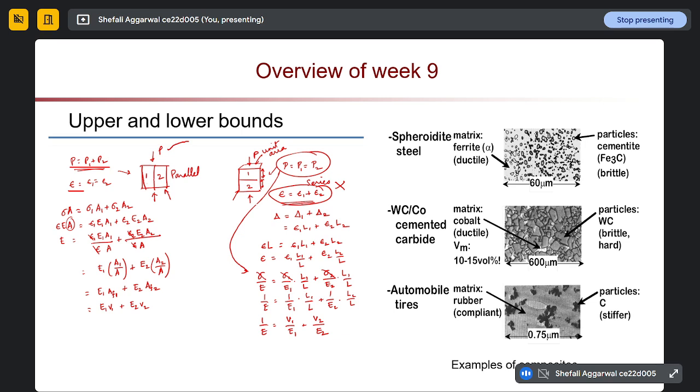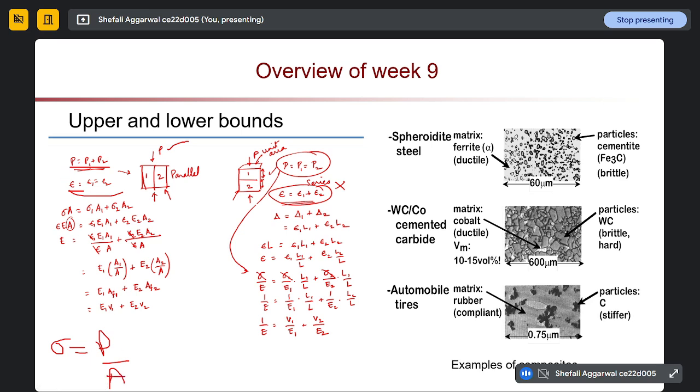The strain will be the same in both panels. So strain is equal, epsilon is equal to epsilon 1 is equal to epsilon 2. Sigma is equal to P upon A, right?